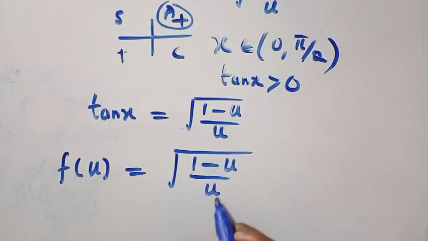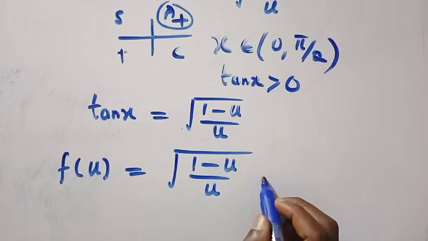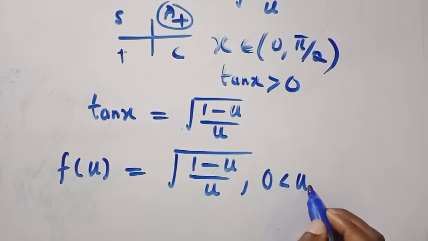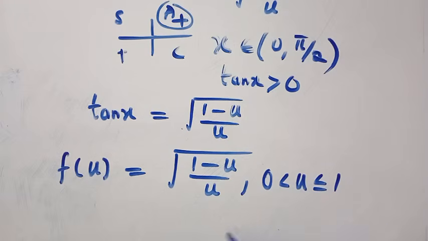There is u in the denominator, so in every domain we choose, we must not get 0. So in this case, we have 0 less than u, and u less than or equal to 1. 1 is possible here because when we evaluate this, we get 0. So 1 works, but 0 can never be in the domain.